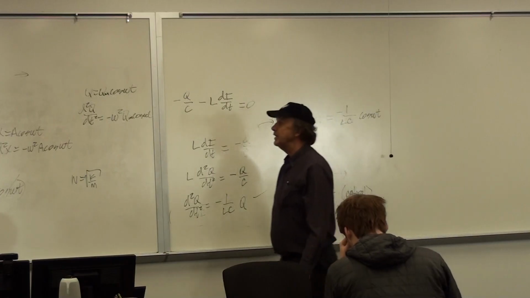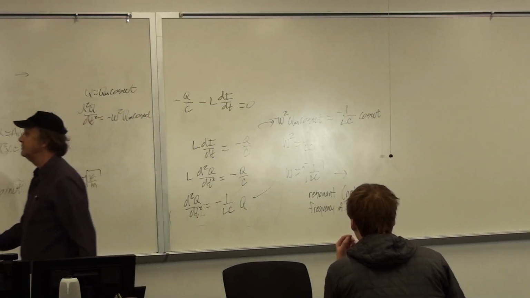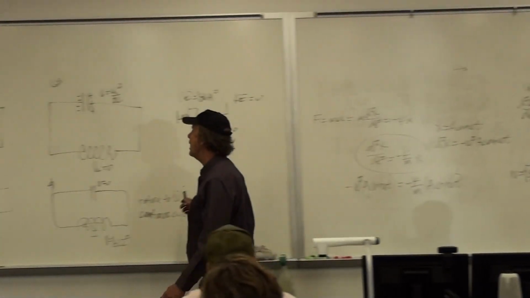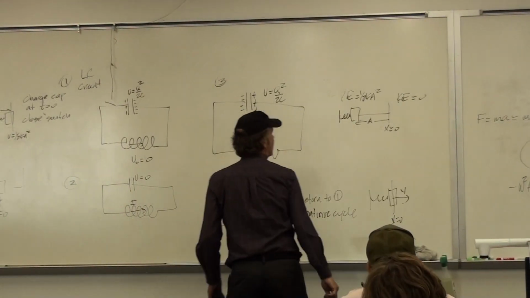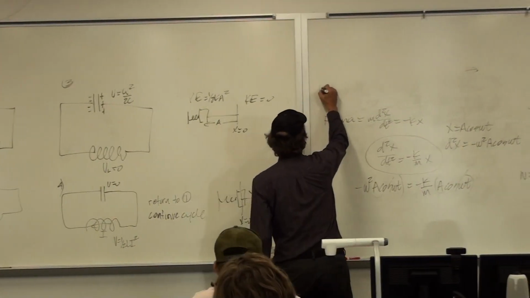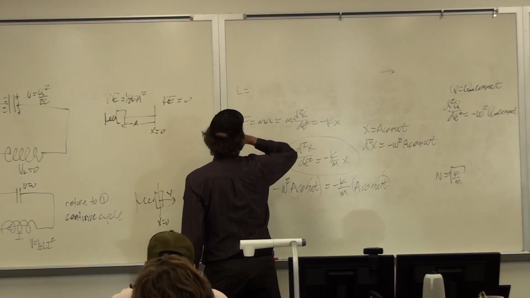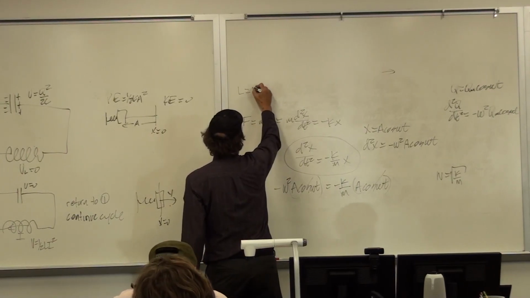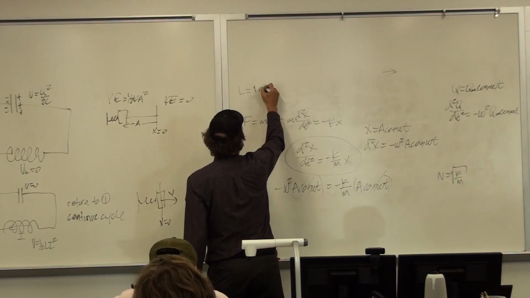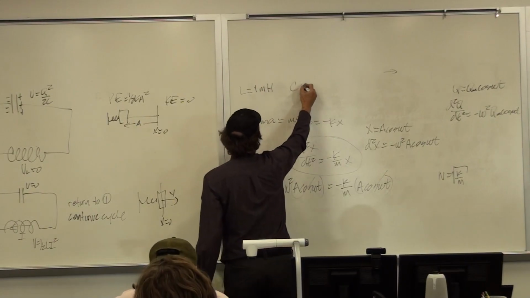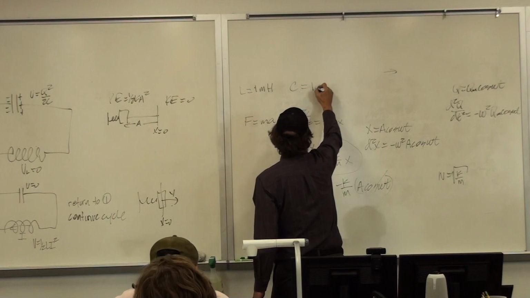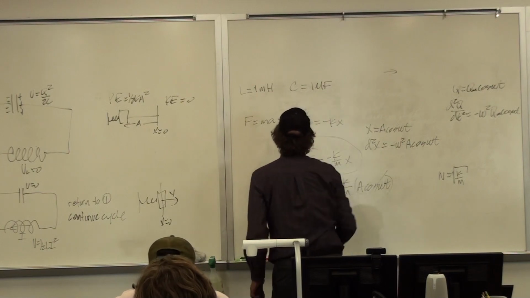So let's say we wanted to use this to keep track of time, like a clock. Then let's say that we had an L value equal to 1 millihenry, and a capacitance value equal to 1 microfarad.